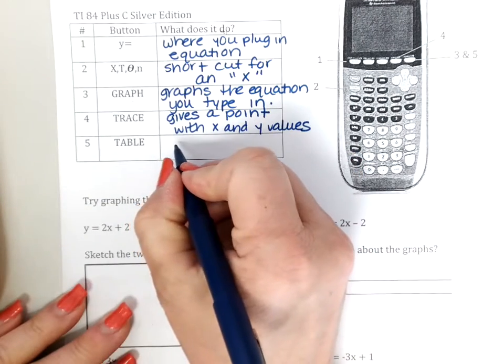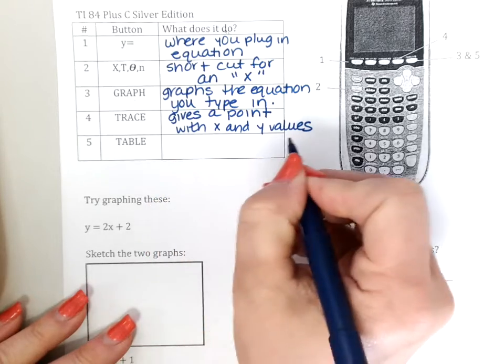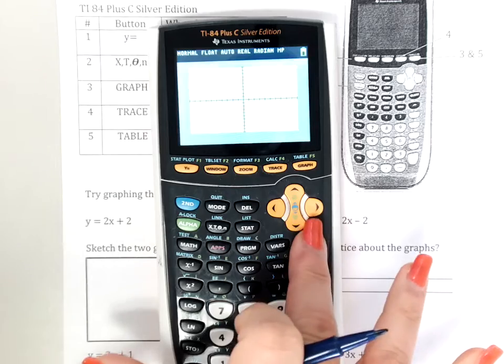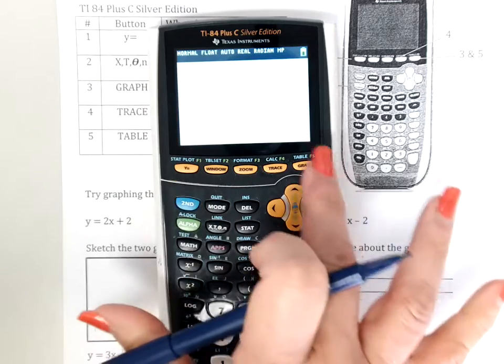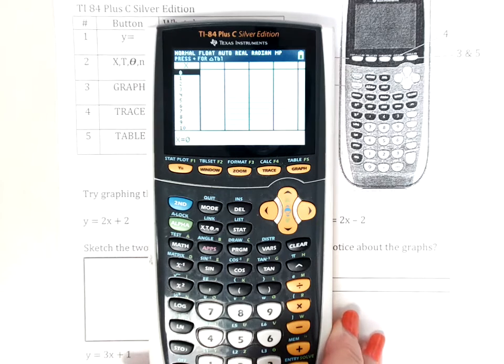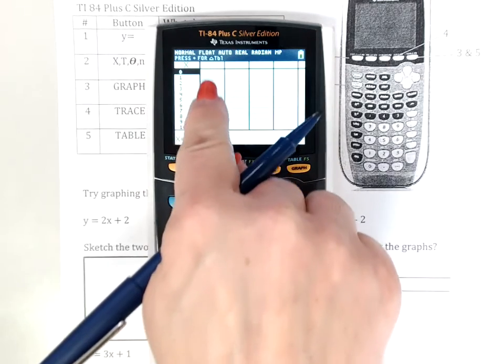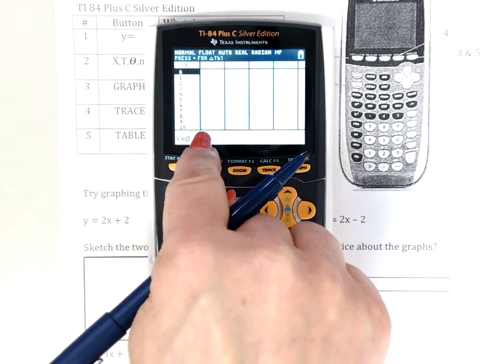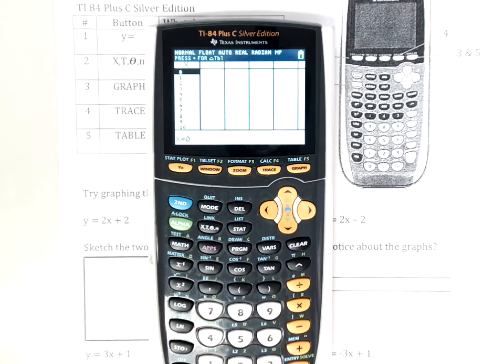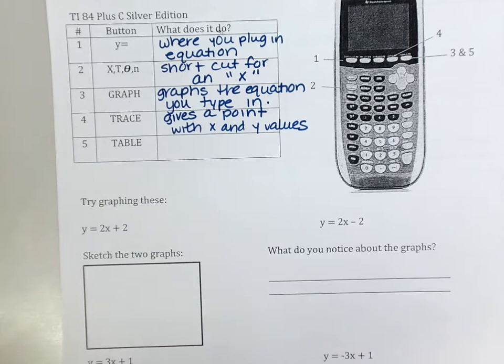The table shows all the values of the equation in table format. So if I hit, let me clear that out, if I hit second graph, it is a table, and if I type in an equation, it will automatically give you all of the y's. So these are the x's, and then it will automatically give you the y's, unlike in 8.2 where we wrote in our own x's, and then solved it, and then wrote our own y's.